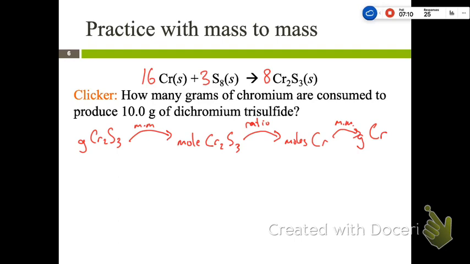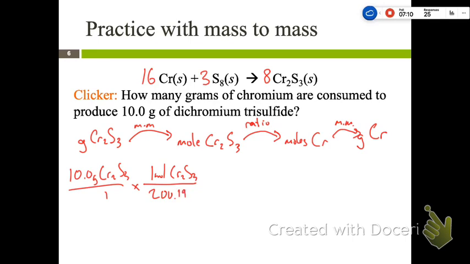All right, let's talk through this. Hopefully you've had a chance to write down the process. So I'm going to look at Carmen's paper here for the sake of time. 10.0 grams of Cr2S3. We can convert using the molar mass. That 1 mole of Cr2S3 weighs 200.19.